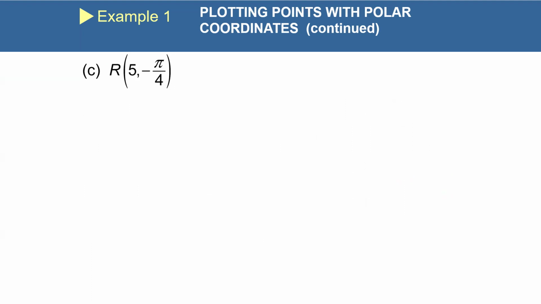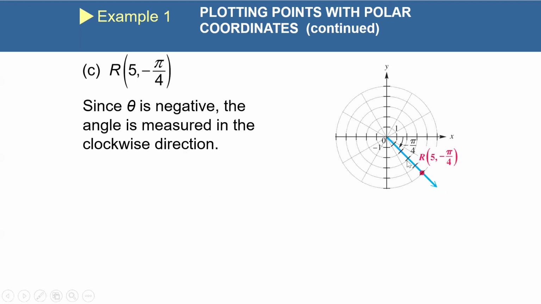Now when your theta is negative, it's the same thing. You just have to make sure that you're going in the opposite direction. You're going clockwise instead of counterclockwise. Everything else is the same. So remember, when your theta is negative, you would be going clockwise.